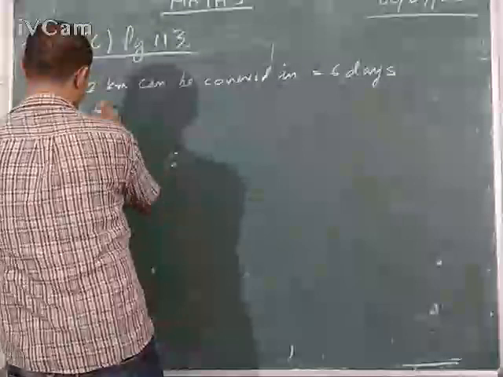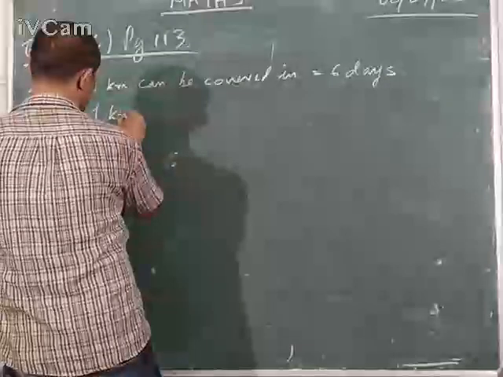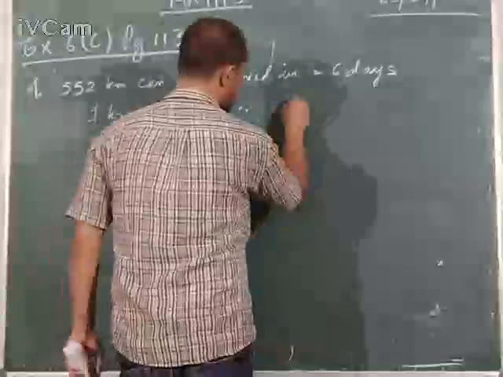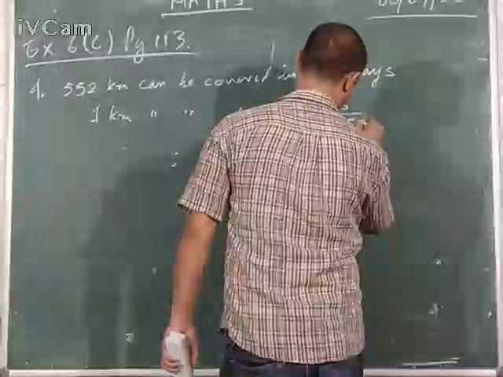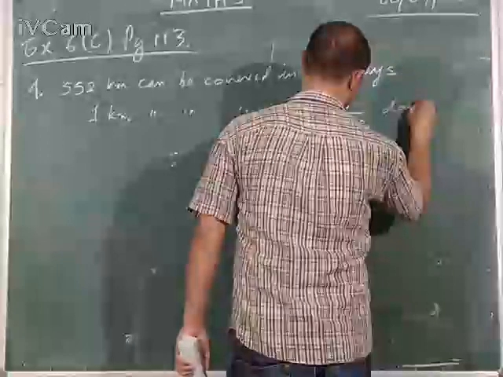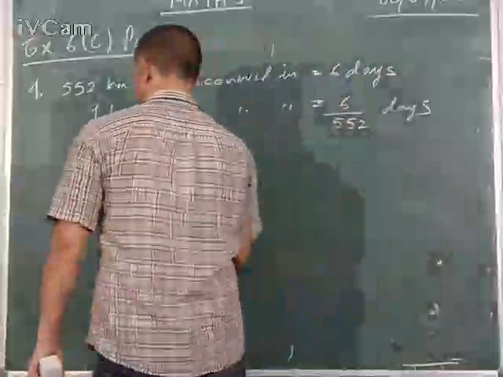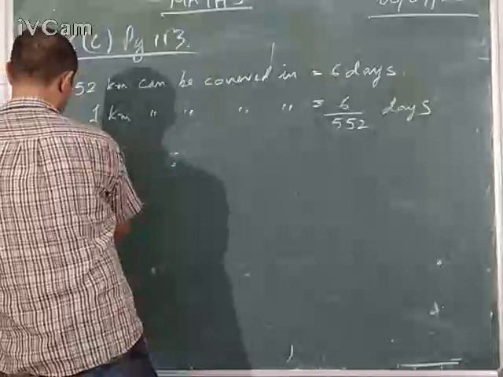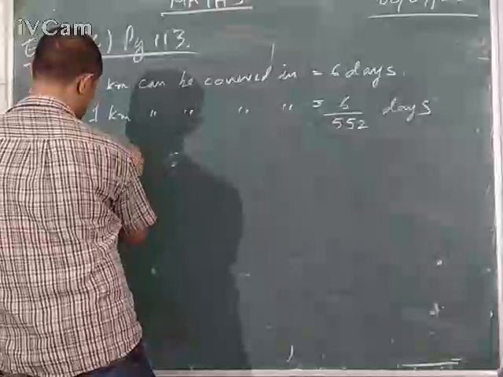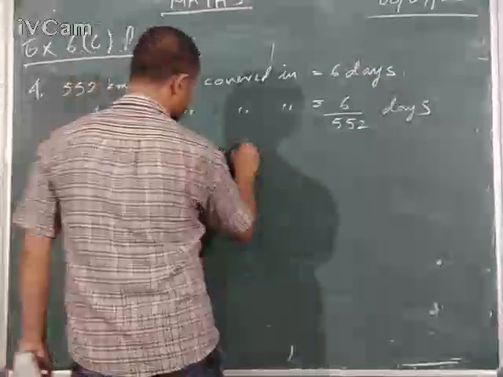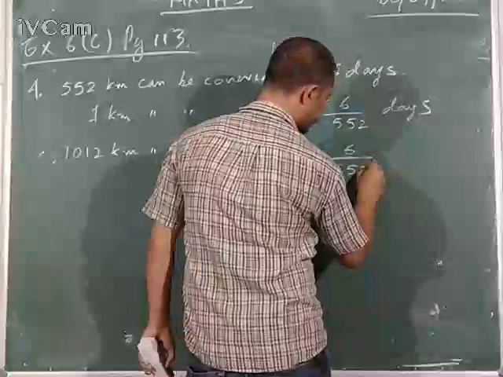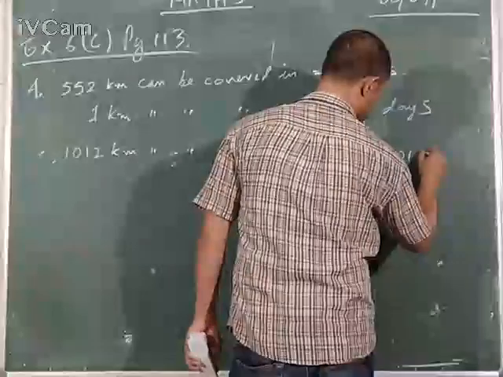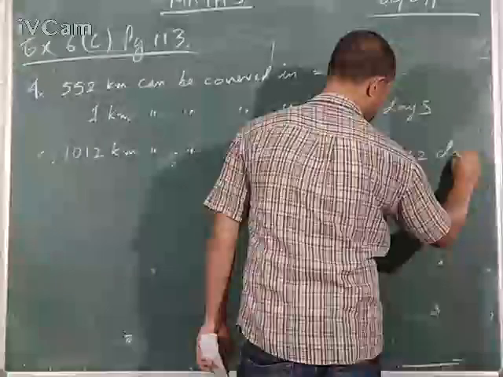So we have to find the value of 1. 1 kilometer can be covered in 6 by 552 days. Therefore, 1012 kilometers can be covered in 6 upon 552 into 1012 days.